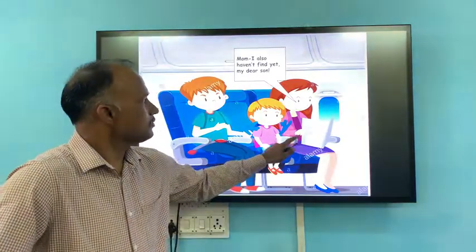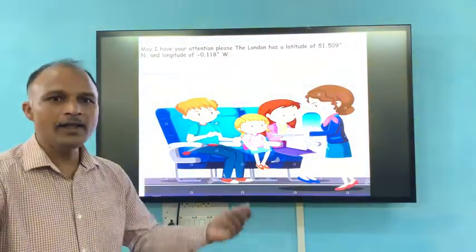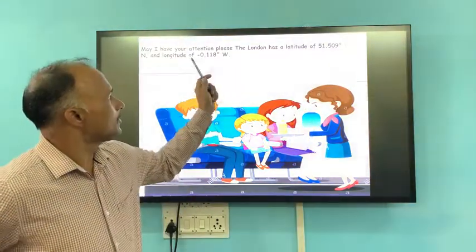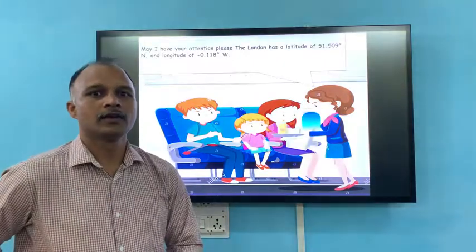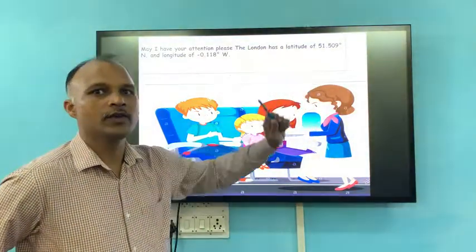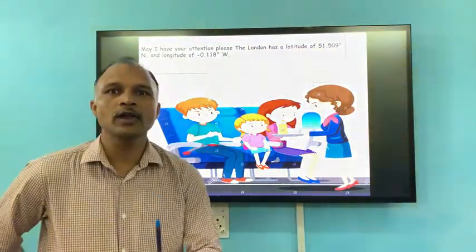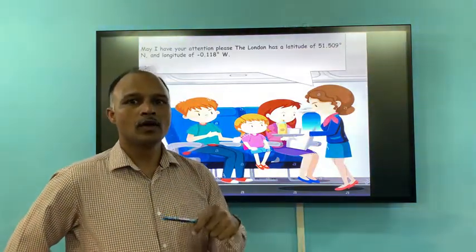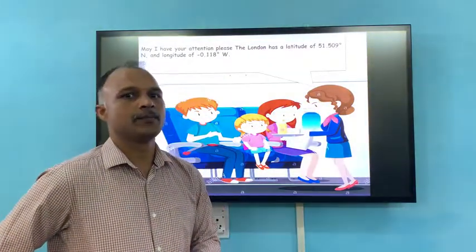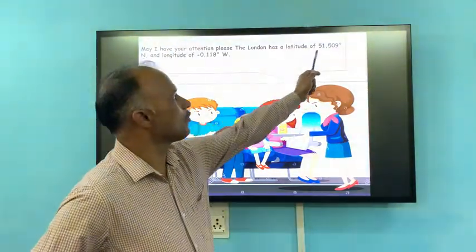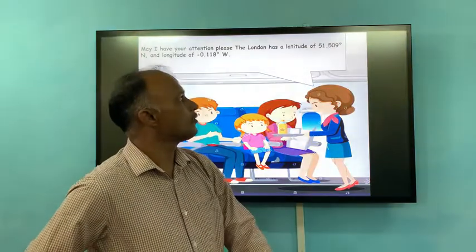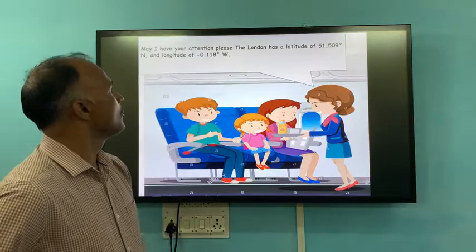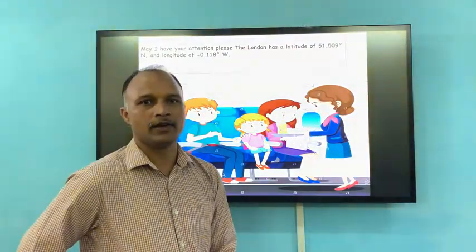So suddenly an air hostess came and told Rohan's family the latitude and longitude of London. The latitude was 51.509 degrees, and the longitude was minus 0.118 degrees.